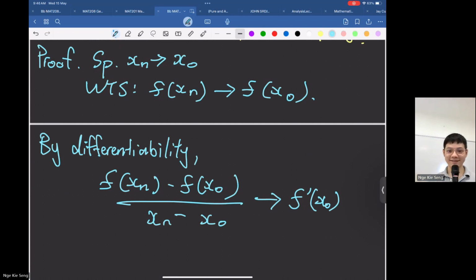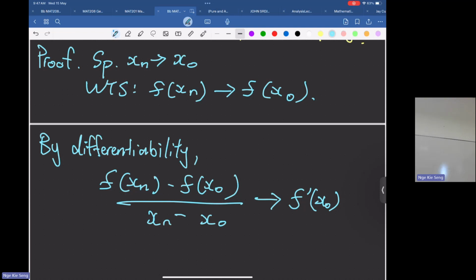Is this good enough? No, not like that. How we deduce the properties of convergent sequences is: the upper one converges, the lower one converges, and only then the quotient converges.